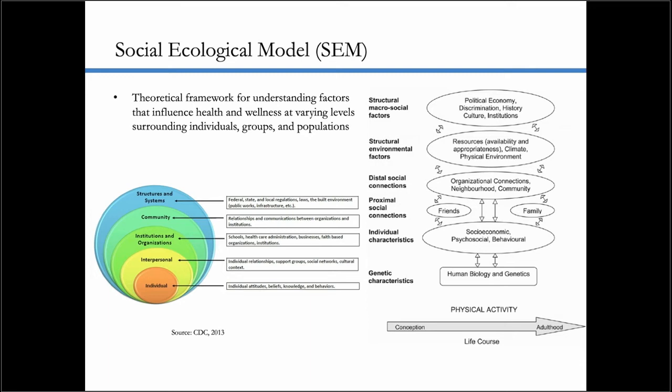So these are all things that we just briefly talked about, and those include things like structures and systems that we live in, federal, state, and local regulations and laws, the built environment and infrastructure, community level things, such as relationships and community relationships between organizations and institutions, and the schools that we go to, the healthcare organizations that we have, what types of faith-based organizations are available, and how those all impact our interpersonal relationships, such as support groups, social networks, the cultural context, and the culture that we live in.